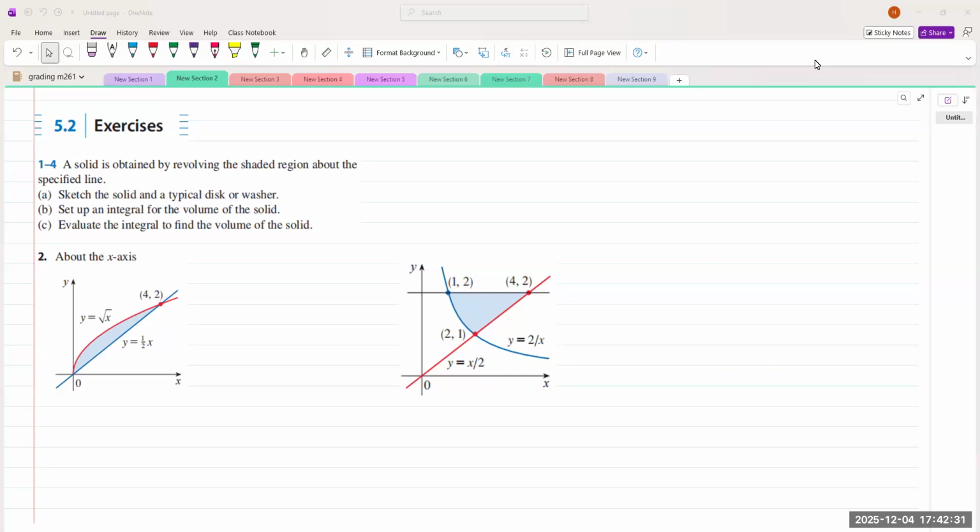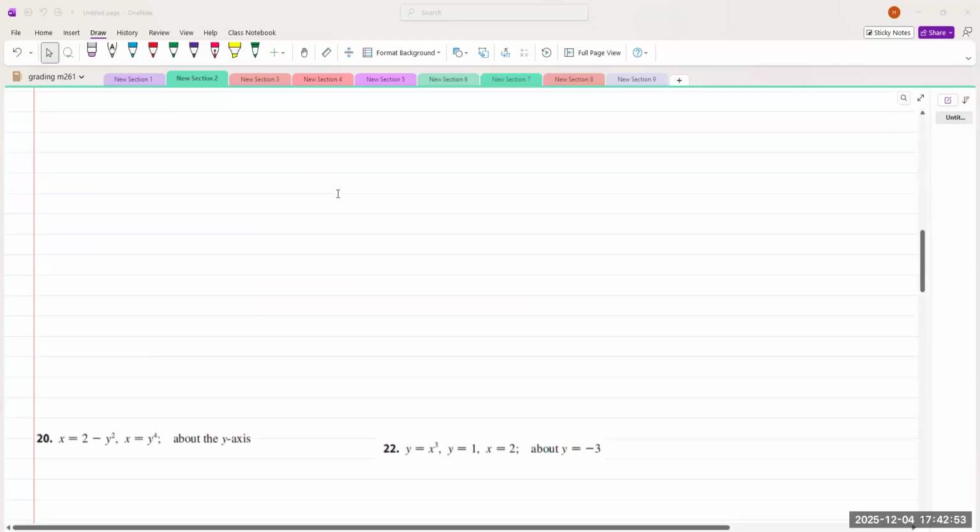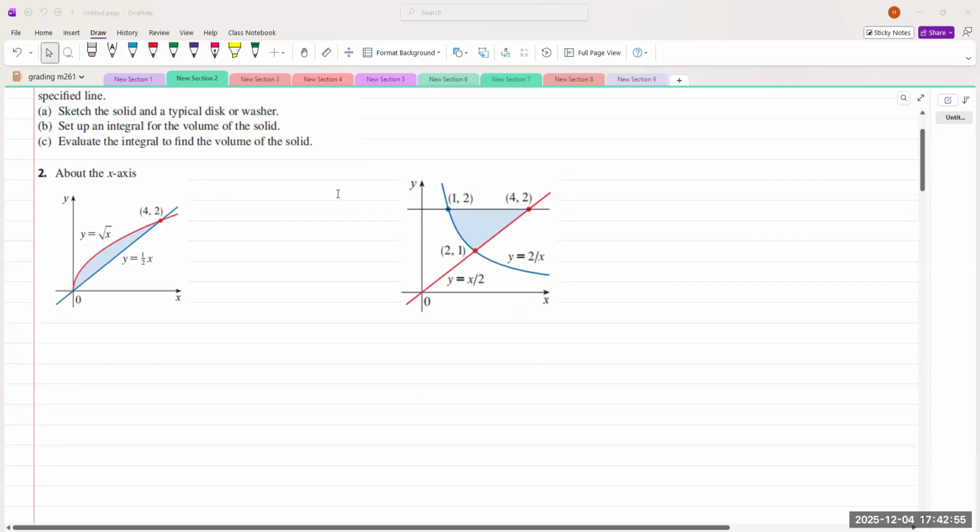So this method, the washer method, while toward the end we will work on some problems where we basically do the integration of the cross section, which is the basis of the disc and washer method. Now let's start with question number 2.